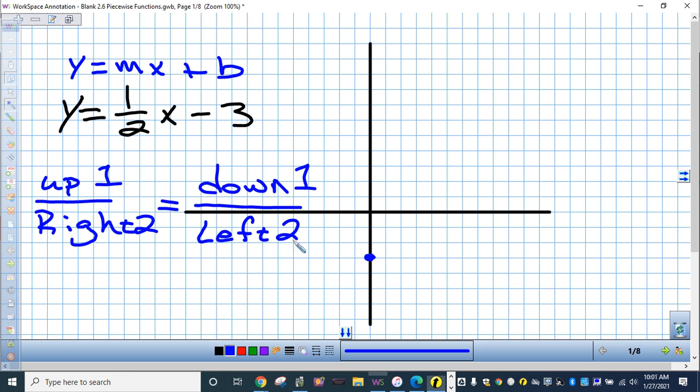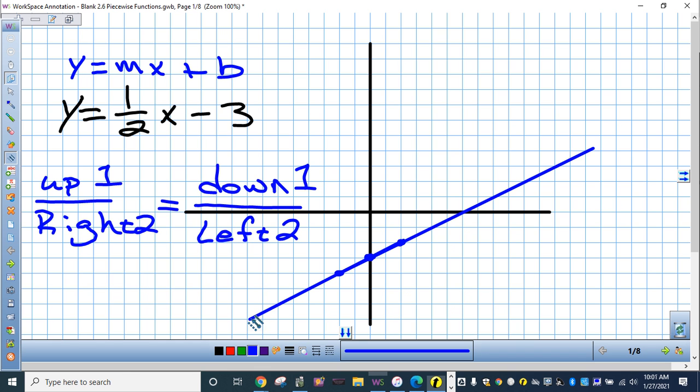So you can do any of that. I'm going to do both, actually. I'm going to go up 1, right 2. I'm also going to go down 1, left 2. So there are two different things you got to get used to. Let's just draw this line, and then we're going to introduce the concept of these intervals.